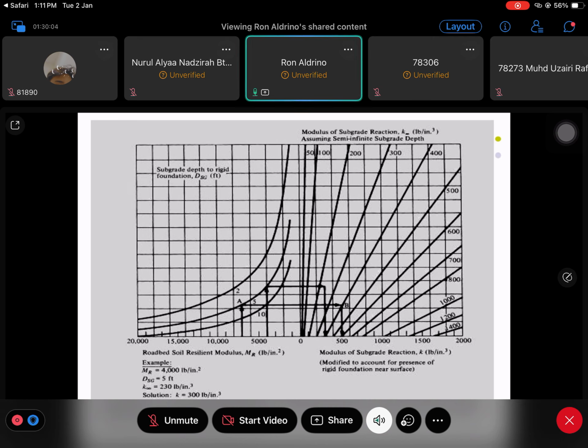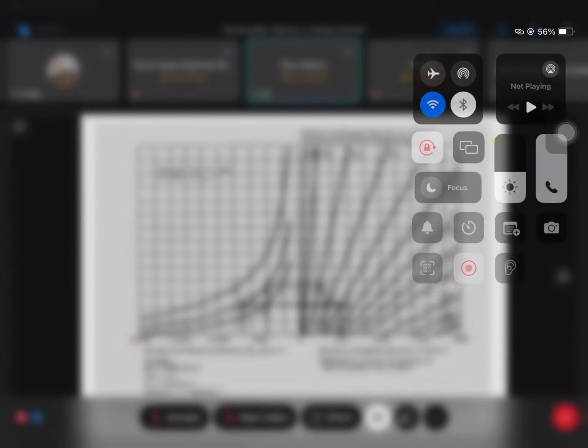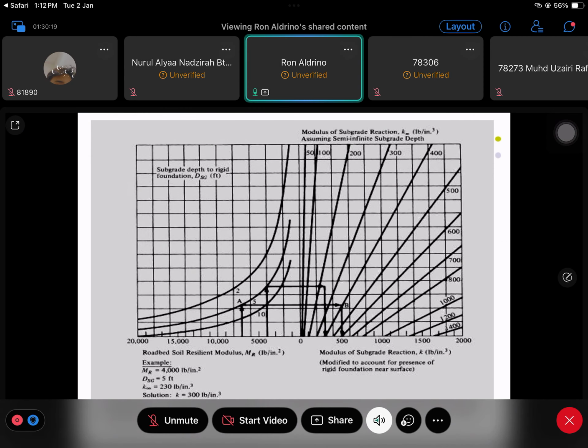AASHTO old design is not like the flexible pavement that I have shown to you, which I discussed with you before I took my leave. JKR's design is based on a catalog because they have done away with all this.